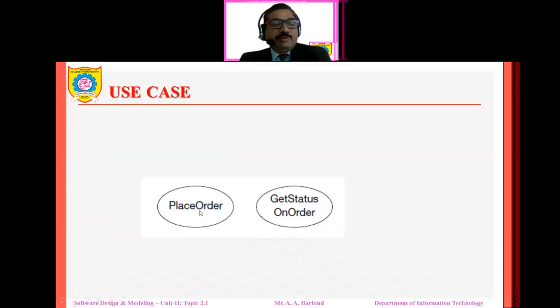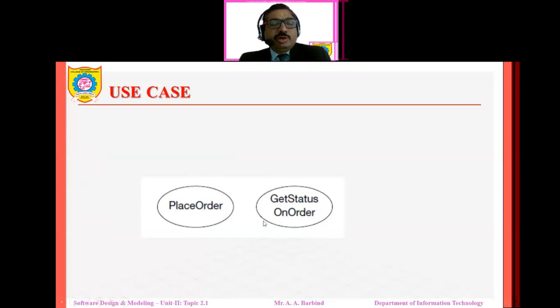For example, place is a verb, so it suggests some behavior. If it has to suggest some behavior of the system, then it has to start with a verb. If you name some use case just as order, then order is a noun, so this name is suitable for a particular class or a particular object, but it cannot be the name of the use case.